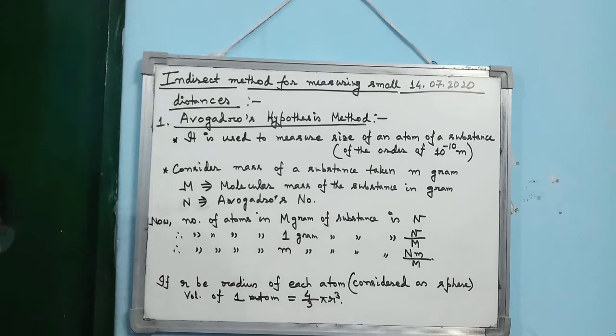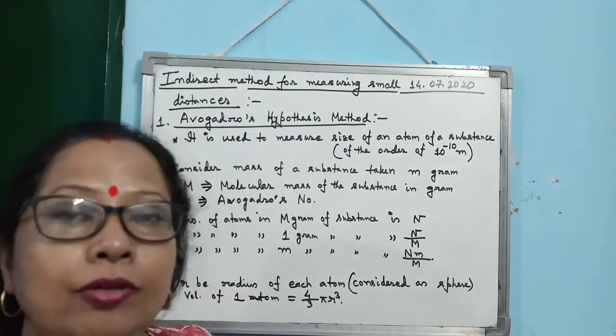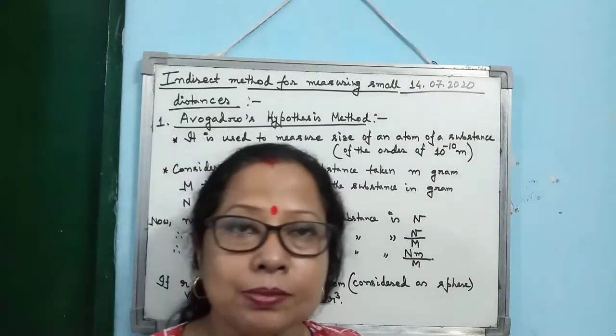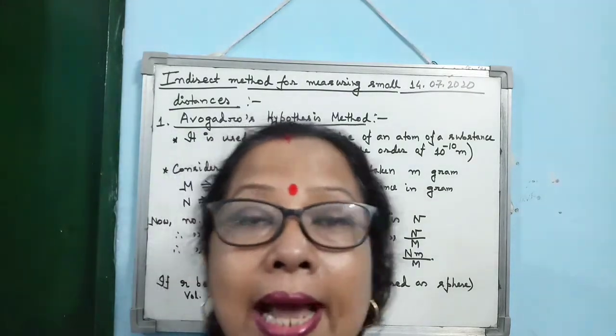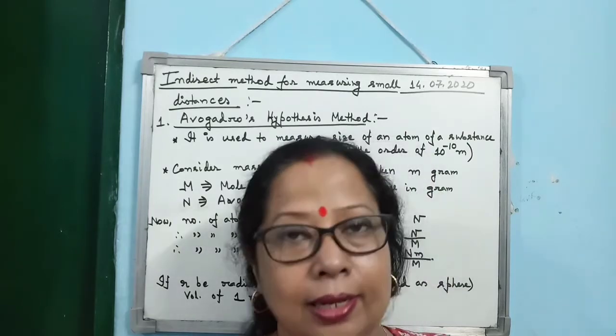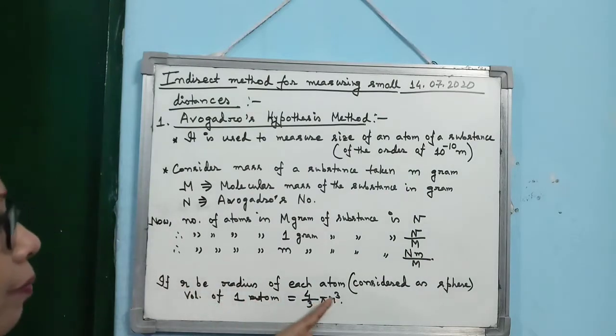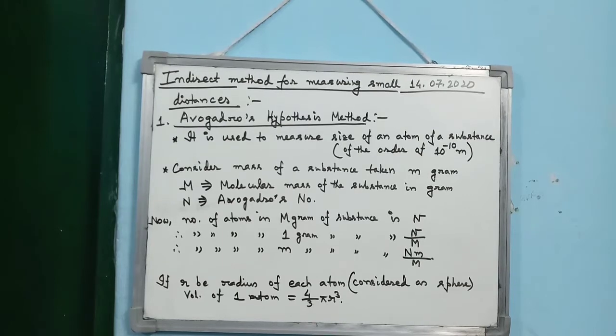Then, according to the kinetic theory of matter, we consider that atoms present in a substance are identical and we assume their shape to be spherical. If small r is the radius of each atom, then as the atom is spherical, the volume of one atom will be 4/3 pi r cube.